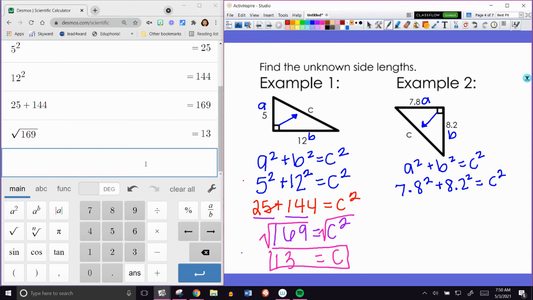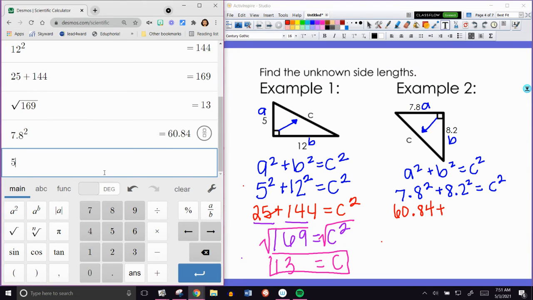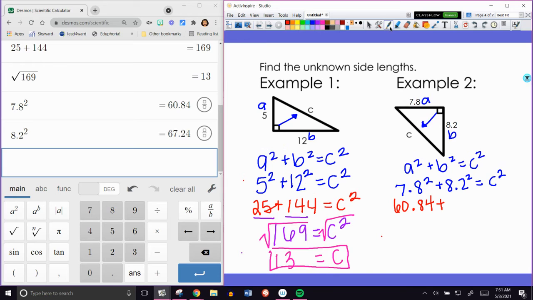Now I'm going to actually square them. So 7.8 squared gives me 60.84 plus 8.2 squared, which gives me 67.24.